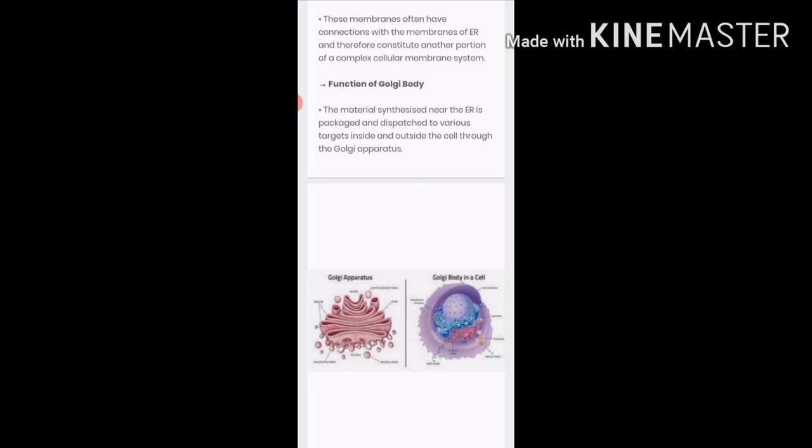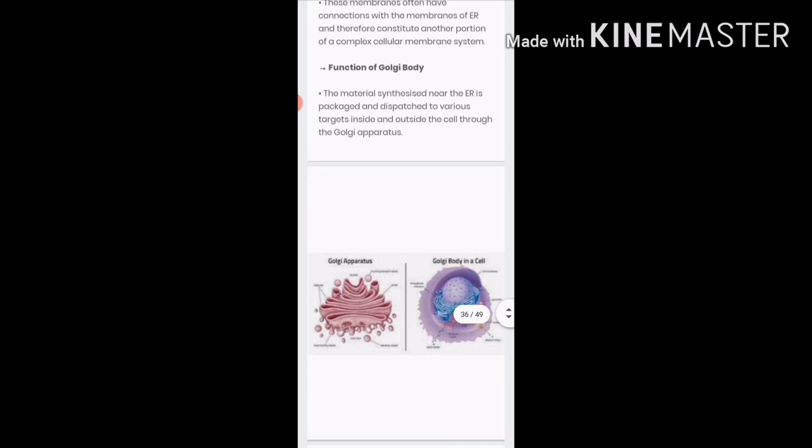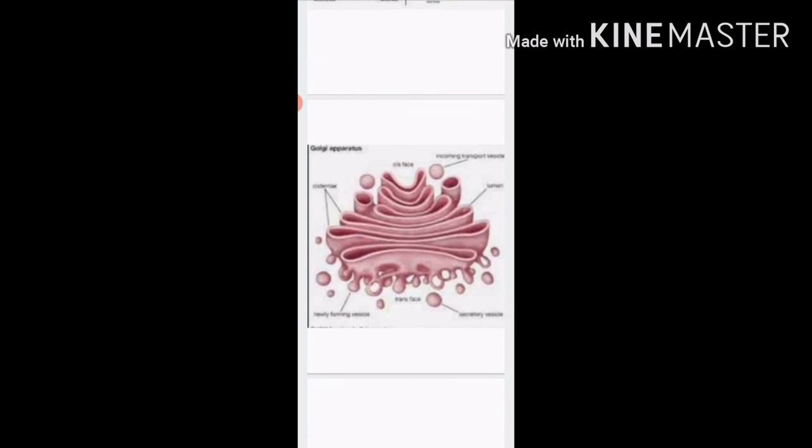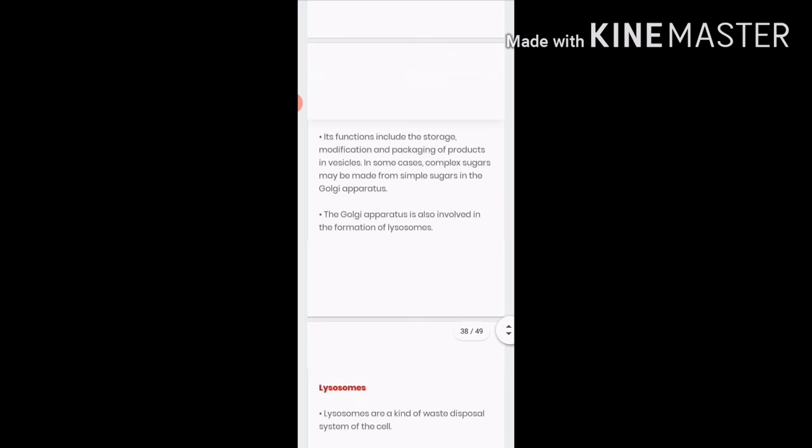So in the second half picture you can see the blue color portion is the endoplasmic reticulum, how it is spreading from the nuclear center to the outside cell membrane, while the pink color portion is the Golgi apparatus. Here is the enlarged structure of Golgi apparatus for your better understanding. Let us go to the next.